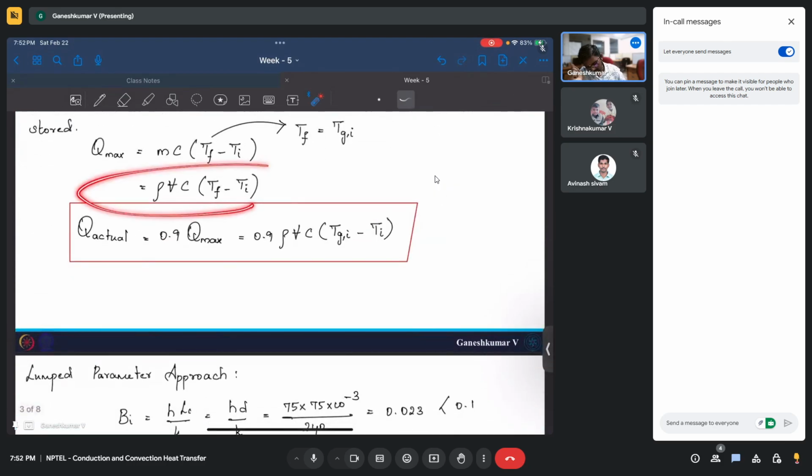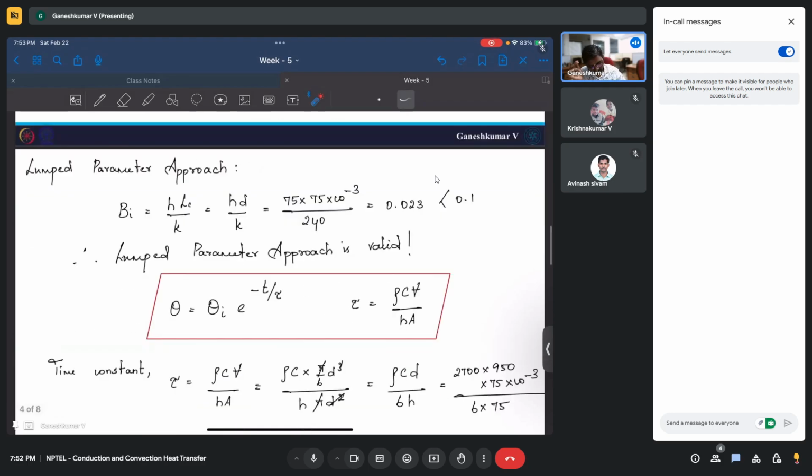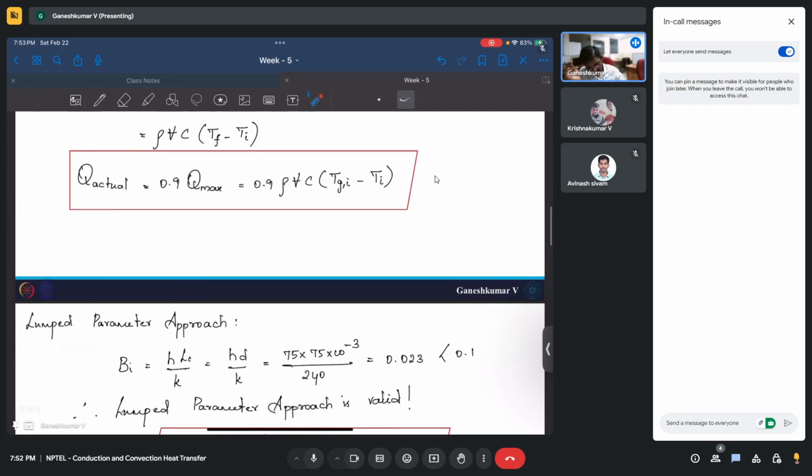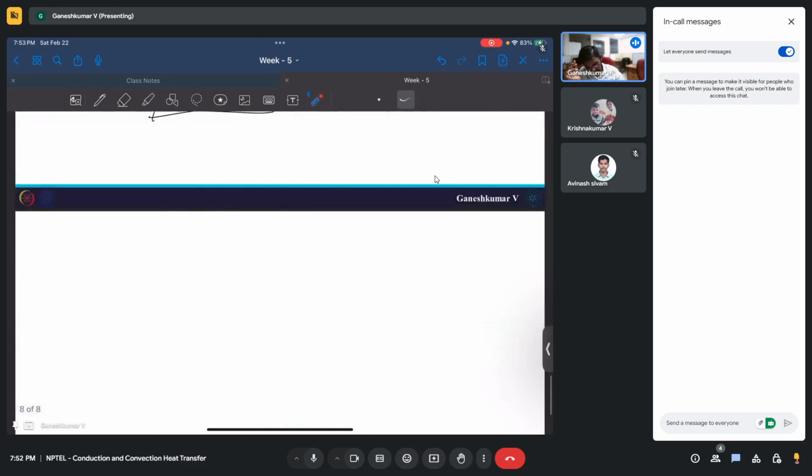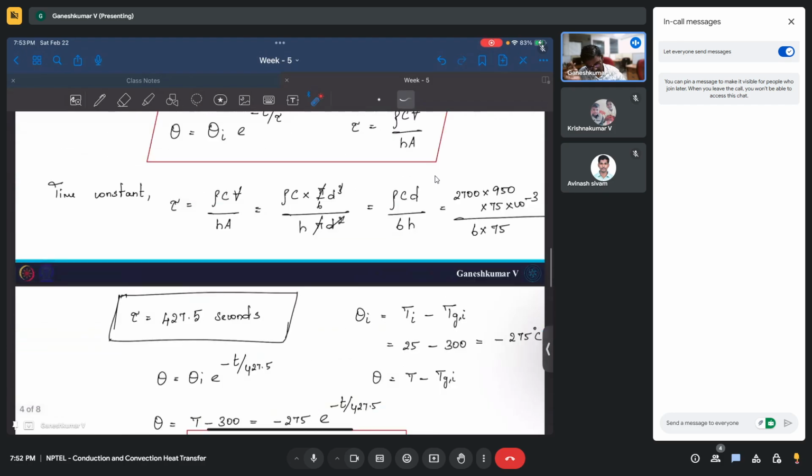This is your maximum heat, and with respect to time, what can change is only this temperature, which means this is going to be almost linear. How the temperature is going to change with respect to time, although it may not be linear because there is an exponential term, but you will see for sure.